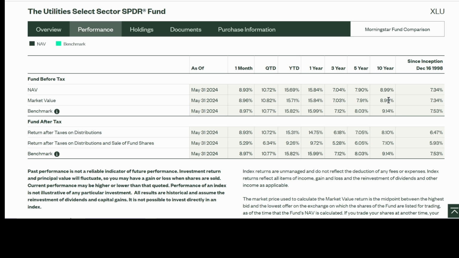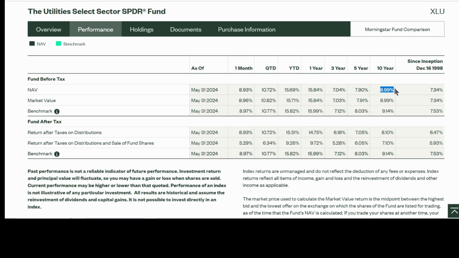The NAV and the market value of the XLU ETF is 8.99. So this 10-year return is actually better than the CEF, and its return since 1998 is 7.34. The only difference is you're only getting like 3% a year in dividends, but you're getting the appreciation of the XLU. Whether you choose to sell it during the year or not is up to you.